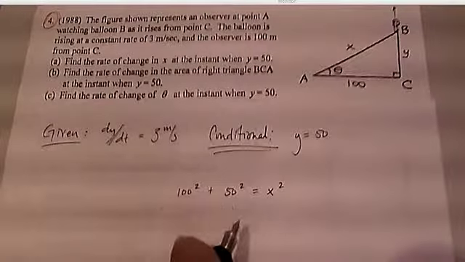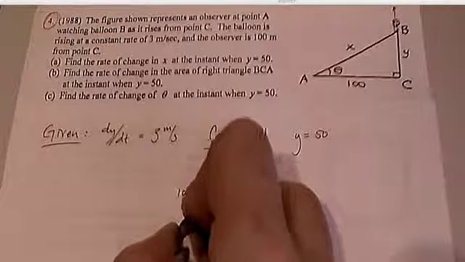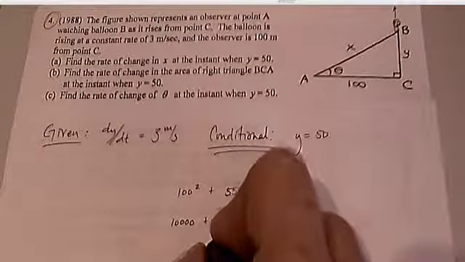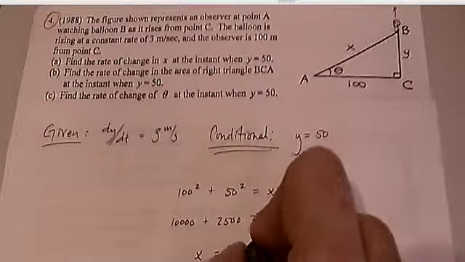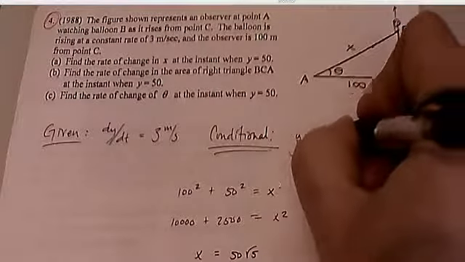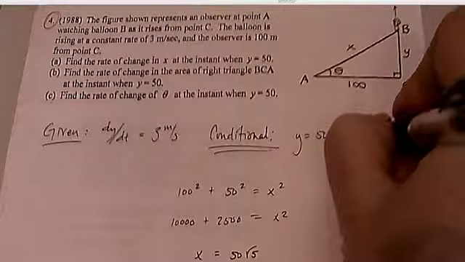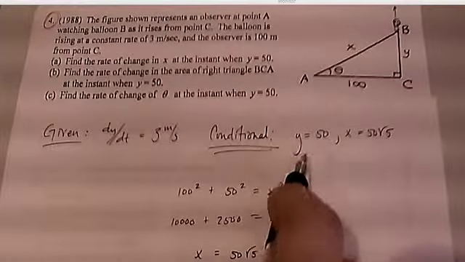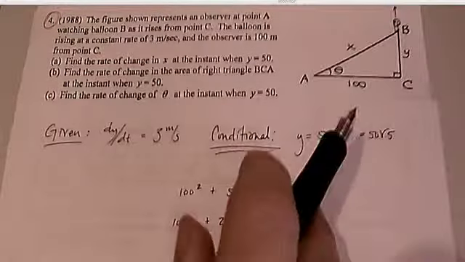Because the ratio is that from 2 to 1. So that becomes 10,000 plus 2,500 is equal to x squared, or x, when you simplify it down, is 50 root 5. Okay, so x is 50 root 5. Isn't that wonderful? So you have x and y at that conditional information, okay?